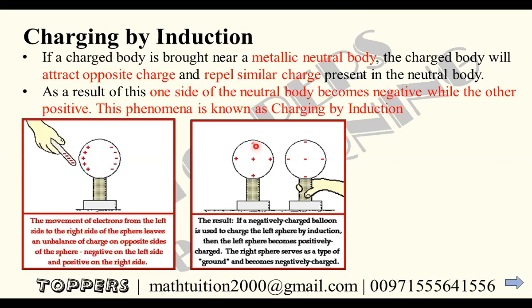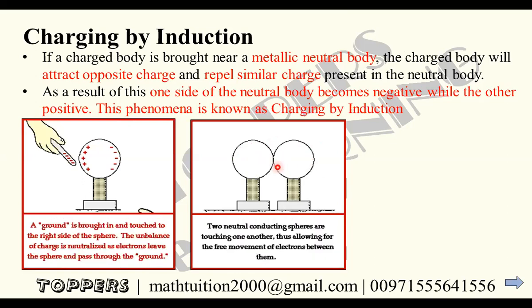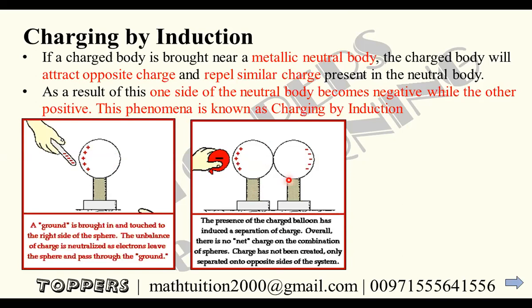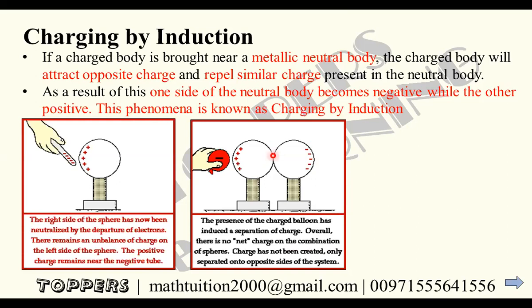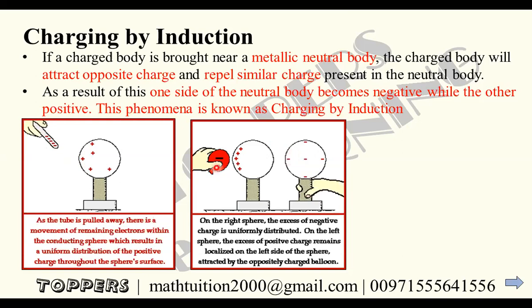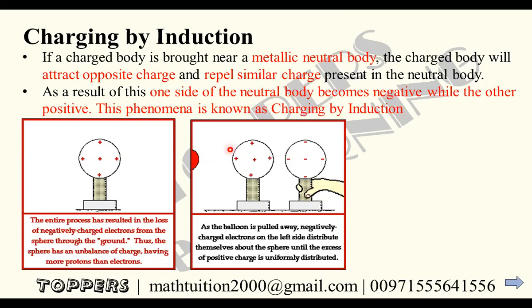We have two metallic spheres mounted on insulated stands. When they are in contact, they act as a single object. We are bringing a negatively charged balloon near this end.